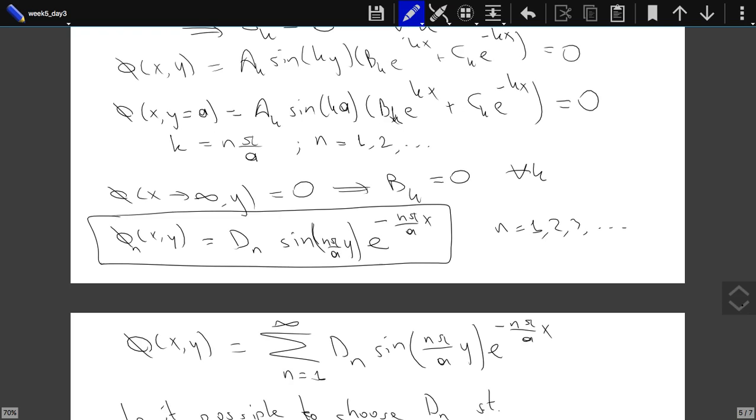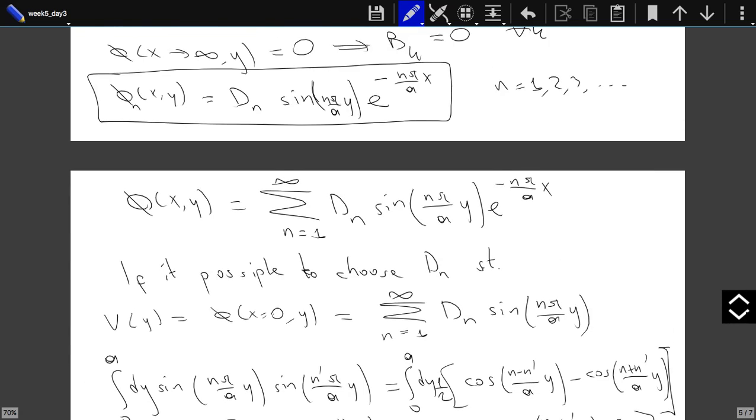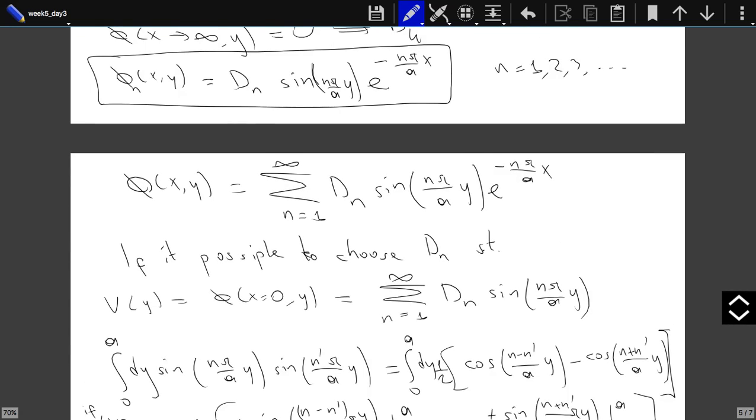And it just turned out that at x is equal to 0, these dn's are nothing but the Fourier expansion of the v of y, the Fourier coefficients of this v of y. It just turned out to be Fourier series. Fine.